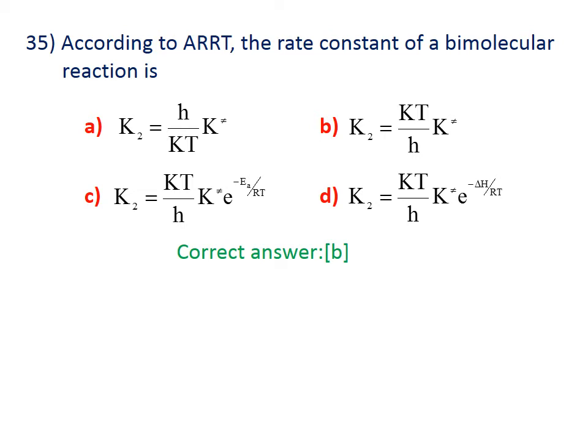K2, the rate constant for bimolecular reaction, will be equal to kT by h into K double dagger, which will be equal to RT by Nh into K double dagger. Here the Boltzmann constant will be equal to R by N. You substitute it, the rate constant will be equal to RT by Nh into K double dagger. It is also correct. For this question, the correct answer is B.